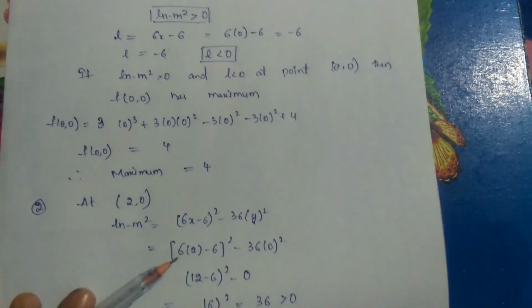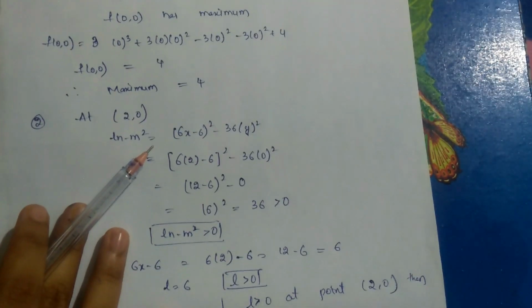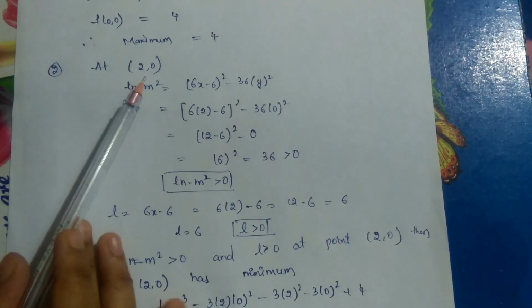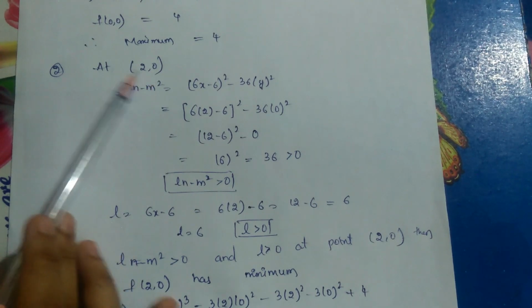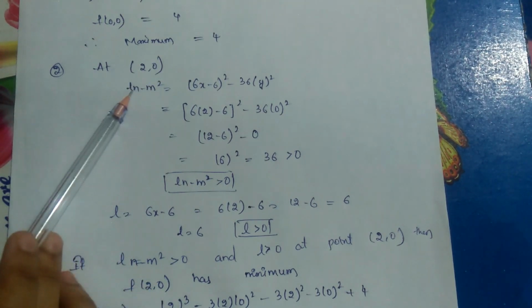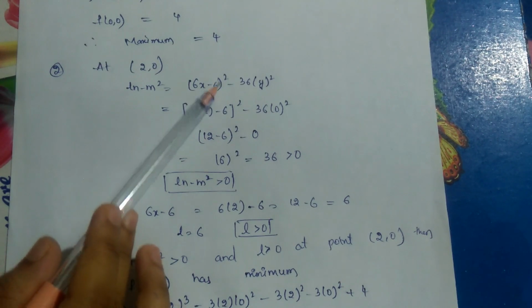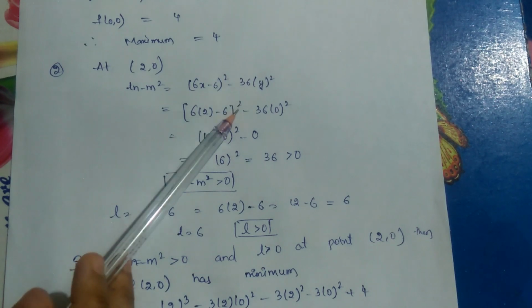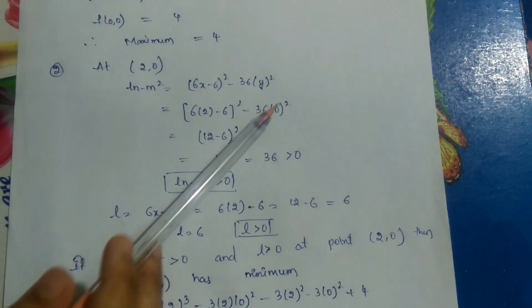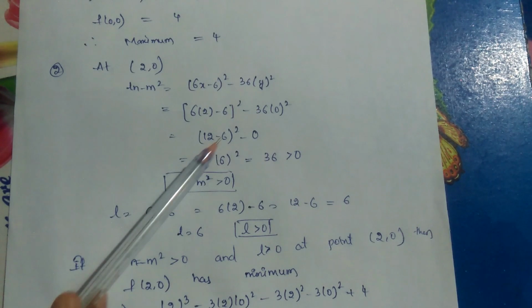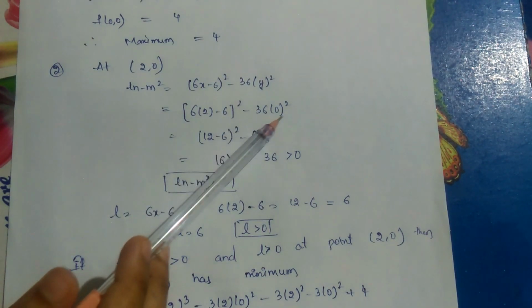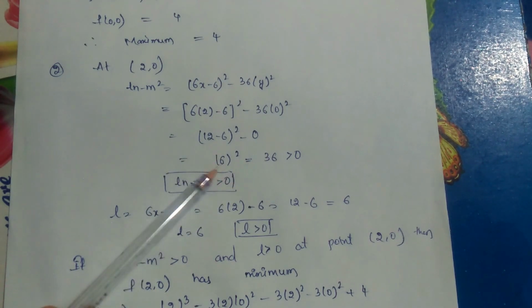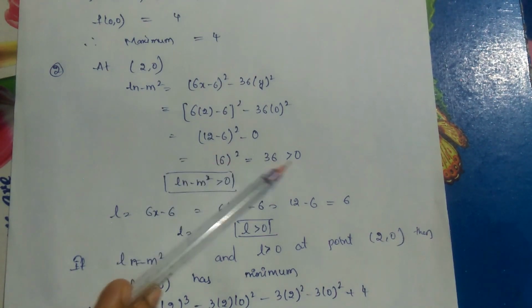Similarly, we also find for the second stationary point, that is at (2, 0). So at the point (2, 0), ln minus m square is equal to (6x minus 6) whole square minus 36 of y square, and 6 of 2 minus 6 whole square minus 36 of 0 whole square. 6 into 2, 12 minus 6 whole square minus 36 into 0, that is 0. 12 minus 6 is 6, and 6 whole square, that is 36, which is greater than 0.